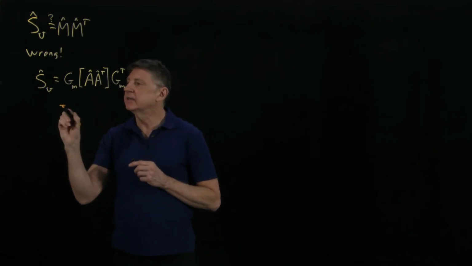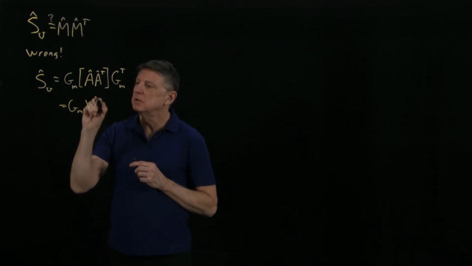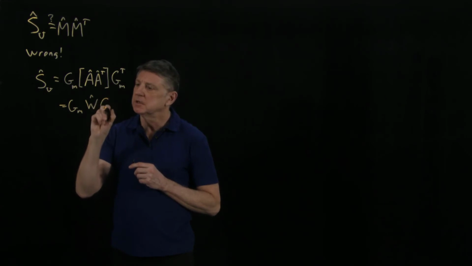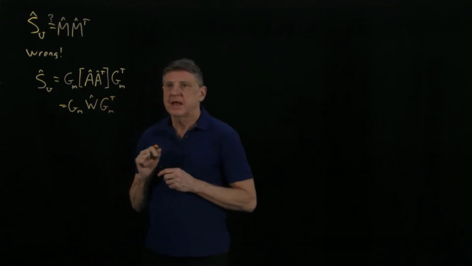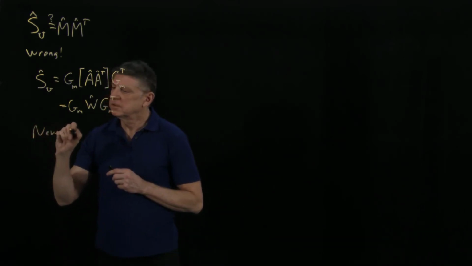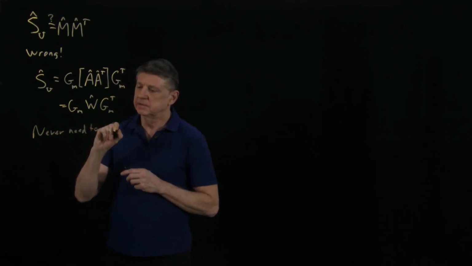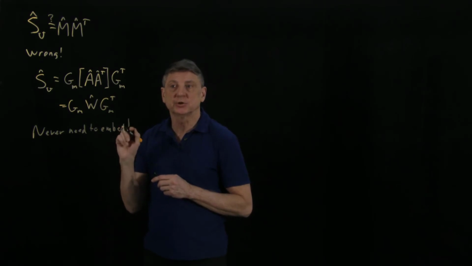So that is the centering matrix times the gram matrix, which is a generalized weight matrix, times the centering matrix again. And this means we never need to embed. And let's put an exclamation, because that is the kernel trick.